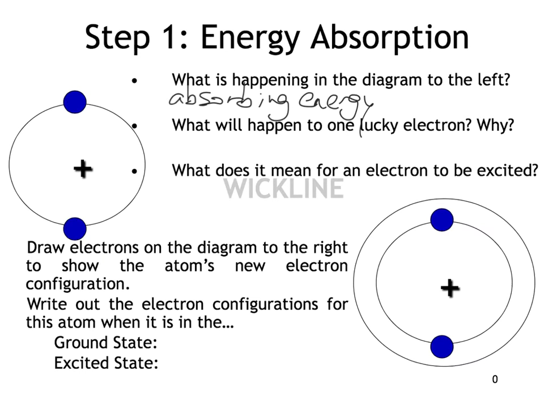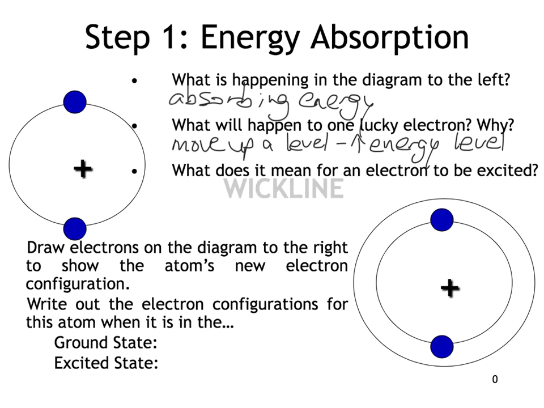So I just went ahead and wrote that in for you. Now, one lucky electron will be the recipient of all of that energy, and when it receives that energy, it's going to move up a level.